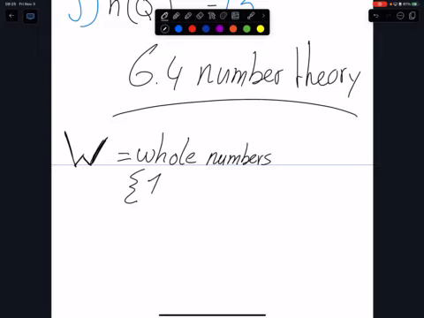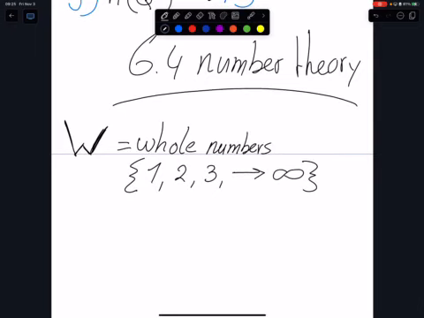Starting at 1 all the way to infinity. Meaning in the early days, negative numbers did not exist. Fractions did not exist. The number 0 did not exist.